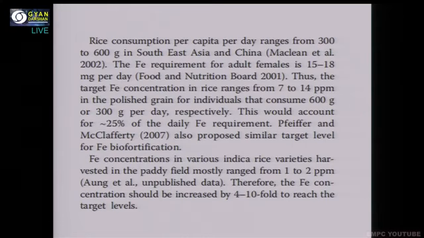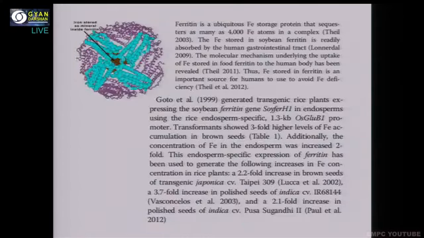Another example is high iron rice. Why iron? Because iron is also a micronutrient for which the human population has a lot of deficiency, particularly women, who suffer from anemia because of poor iron levels in foodstuffs.